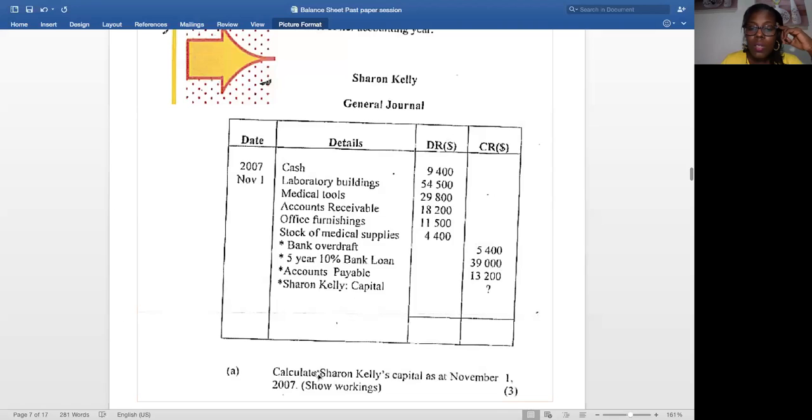Okay. So they ask us what? Calculate Sharon Kelly's capital as of November 1st, 2007. This is something they like to give you guys, so get familiar with it. Know how to find the capital if they don't give you the capital. This is also linked to the accounting equation.